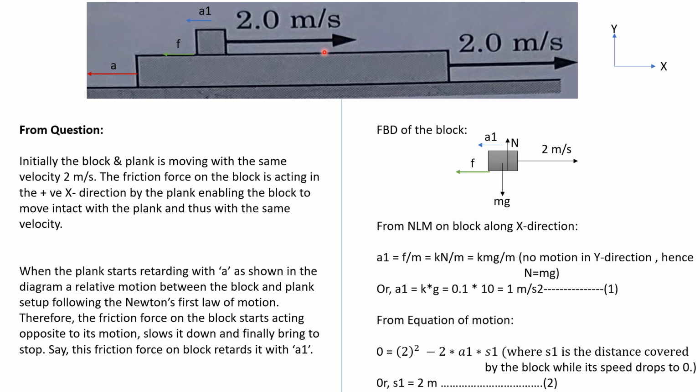But this surface is rough, so a friction force in the opposite direction to its motion will start working on the block, which we have shown as F. Because of this F, a retardation has been set up for this block, which we have shown as A1, right? And the plank itself is retarding with A, as given in the question. Okay, so this is what we've shown here.